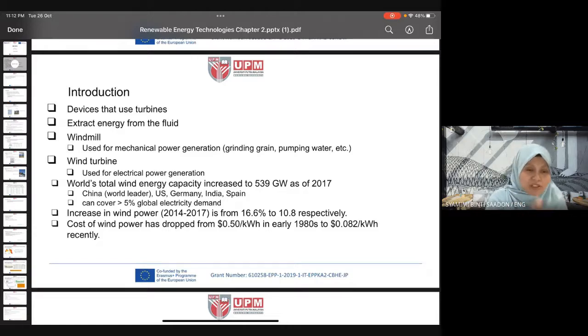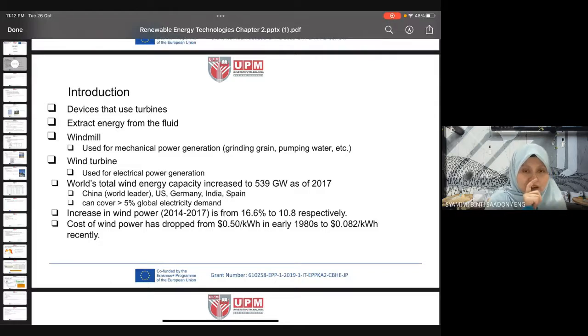This is what wind energy or the wind turbine applies. That's why it is important to refresh back the thermodynamic concept, because we apply the first law of thermodynamics for this wind energy technology. The concept is the same.